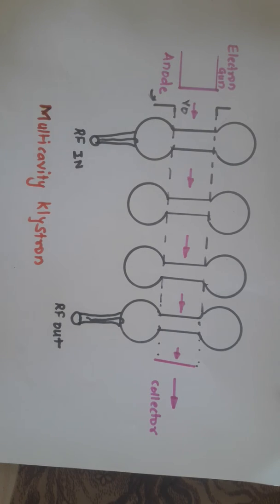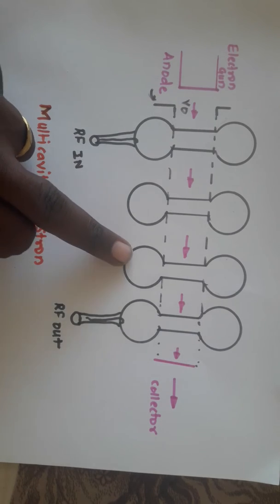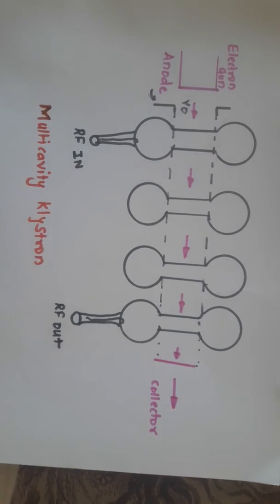Now here each intermediate cavity acts as a buncher cavity, passing the electron beam and inducing an enhanced RF voltage compared to the previous cavity. So this is your buncher cavity, this is your buncher cavity. Every intermediate cavity is nothing but a buncher cavity, which is applicable for the bunching process.